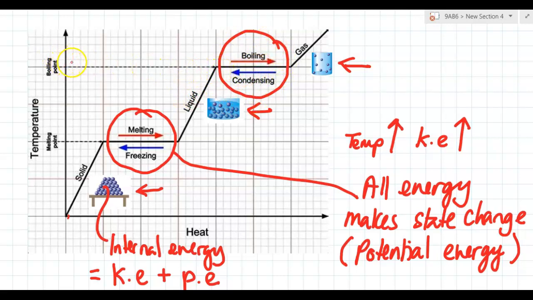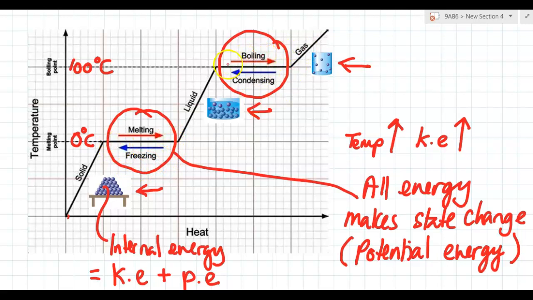Whatever your substance was, this temperature for water would be 100 degrees C, and this temperature for water would be 0 degrees C; these are the state change temperatures. So you'd be correct to say that ice melts at 0 and water freezes at 0.